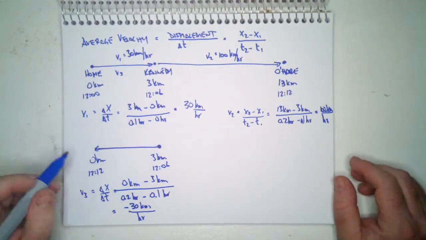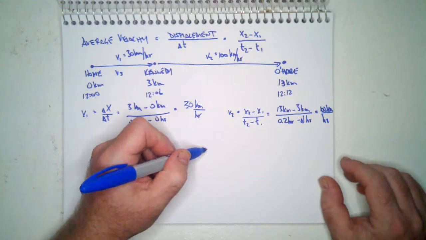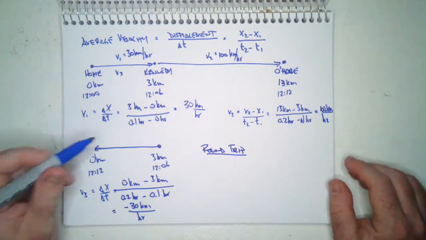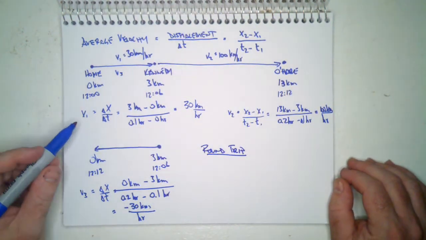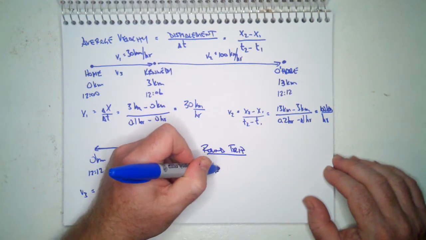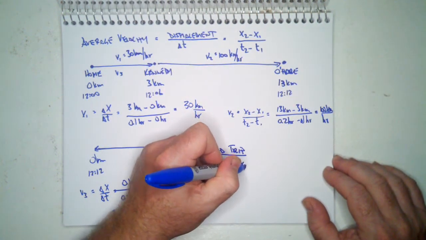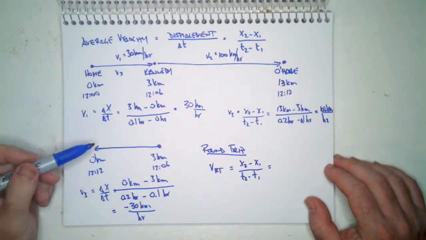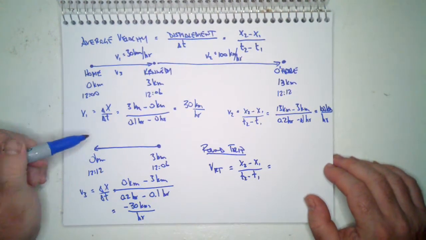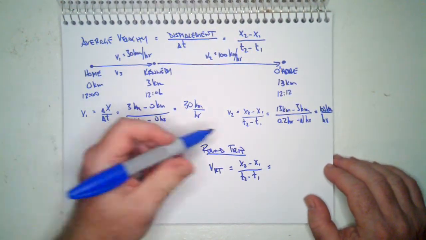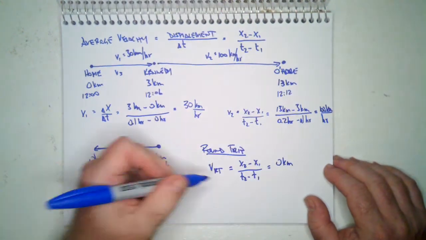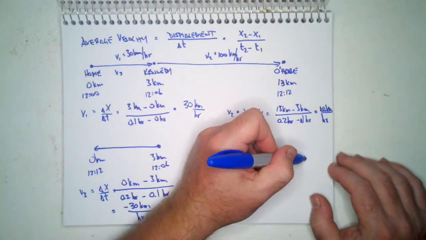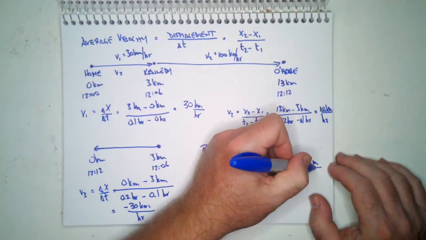Now let's say we did the whole thing going round trip. So round trip, we'll call this VRT equals x2 minus x1 over t2 minus t1. In this case, x2 is where we ended up, which is at home. So it's going to be 0 kilometers. x1 is where we started at, which was home, which is also at 0 kilometers.